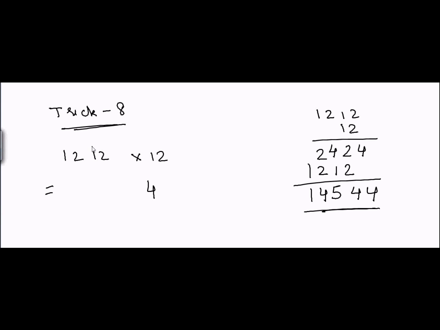Again I multiply the next number 2 by 2 and add the 1, so that will be equal to 5. Then I'm done with this number, so I have 1 left.